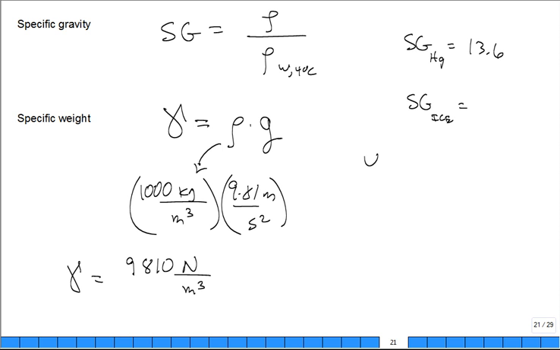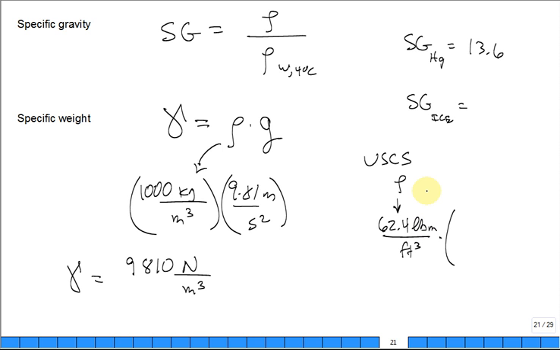Now, if you're over in the U.S. customary system of units, the mass density of water is 62.4 pounds per cubic foot. Professor, pound. Is that pound force or pound mass? I'd like to be clear. I'm talking mass density. It's pound what? Mass.